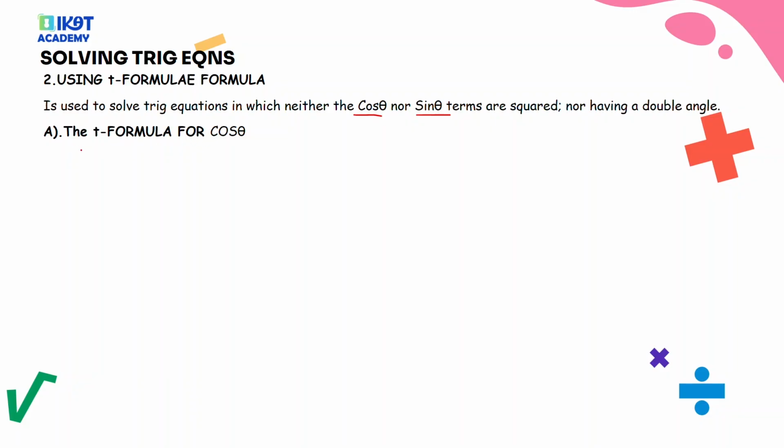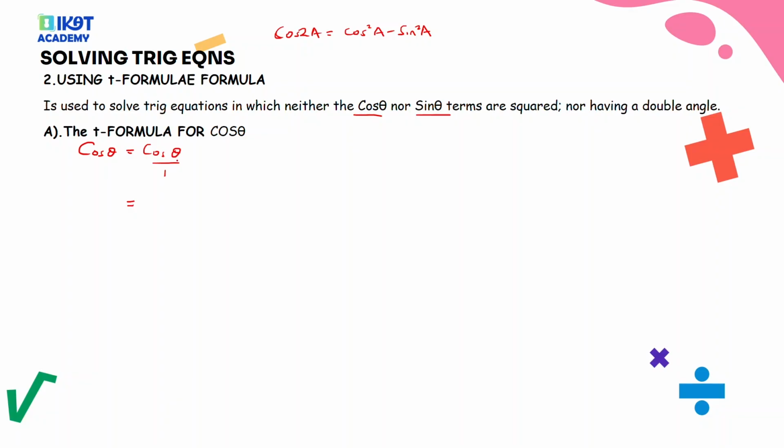Starting with cos theta. This cos theta is the same as cos theta out of 1. Now here you have to remember what we talked about in the half angle formula. From the double angle formula, we said cos 2a is equal to cos squared a minus sine squared a.